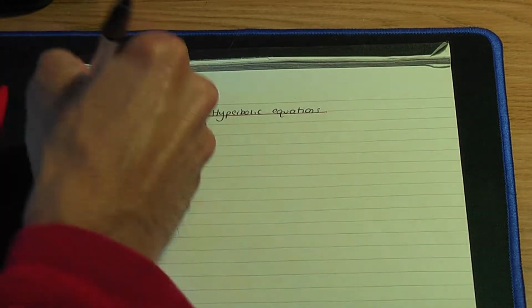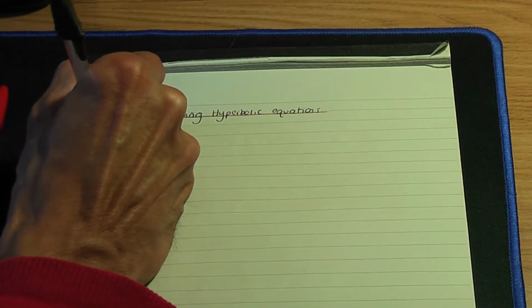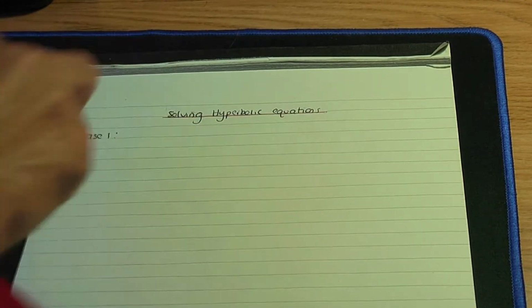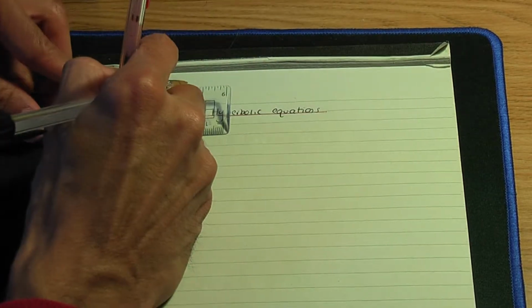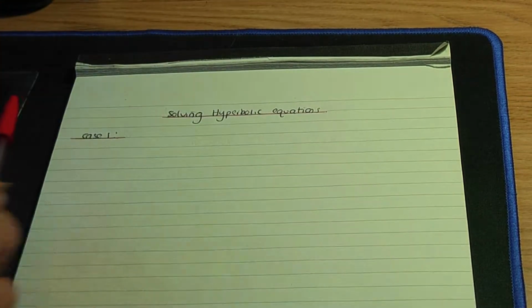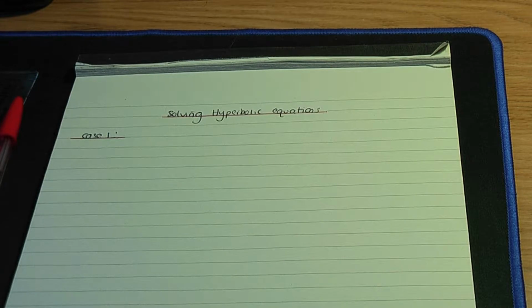Okay, the first case, I'll call that case number 1, is whenever the coefficient of x, so coefficient means the term in front of x, equals 1.